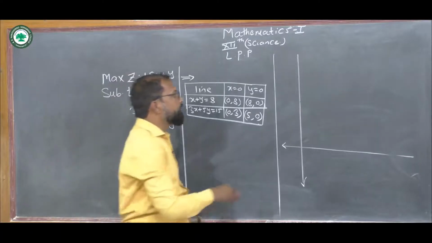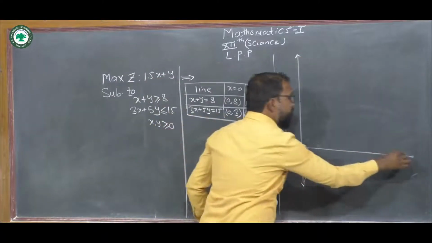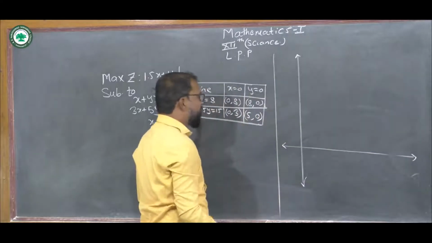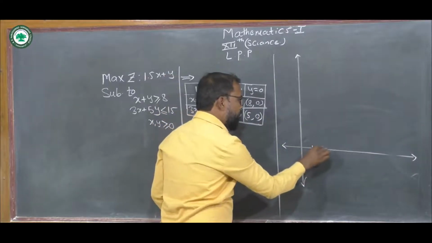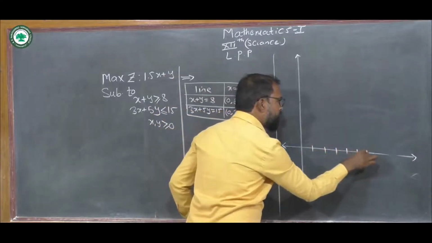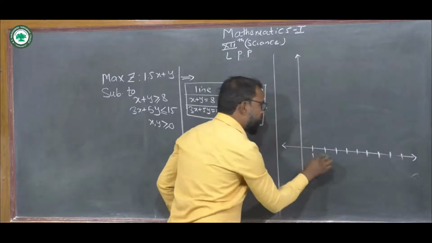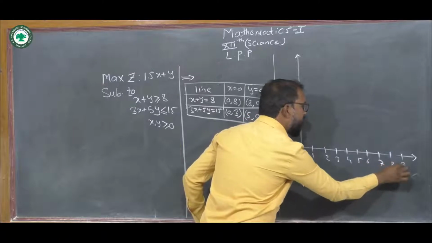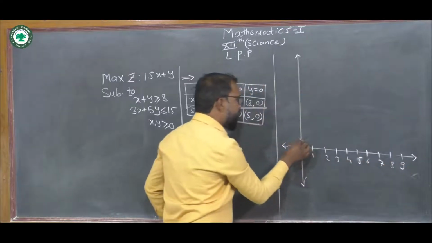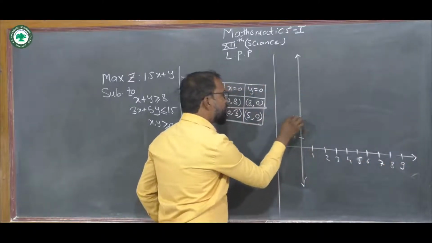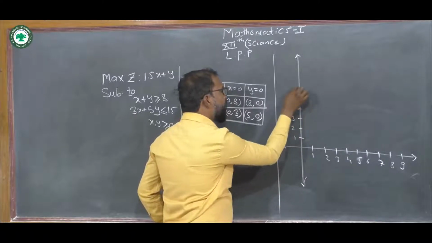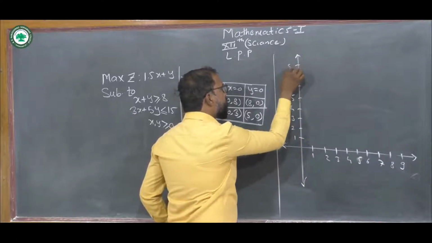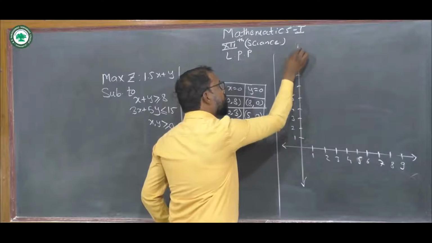Taking an appropriate scale on the graph, here we can write 1, 2, 3, 4, 5, 6, 7, 8, 9 on the x-axis. Similarly on the y-axis 1, 2, 3, 4, 5, 6, 7, 8 and suppose 9.